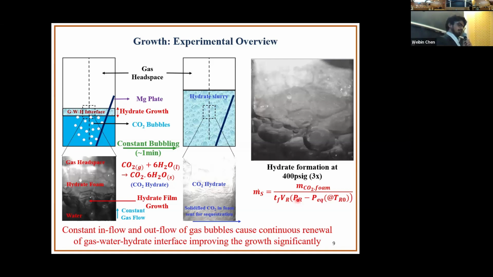This is the reactor pressure that the system is running at, and this is the equilibrium pressure at the reactor temperature. Another term we use is the conversion efficiency, which is the mass of CO2 inside the foam divided by the total mass supplied to the system.